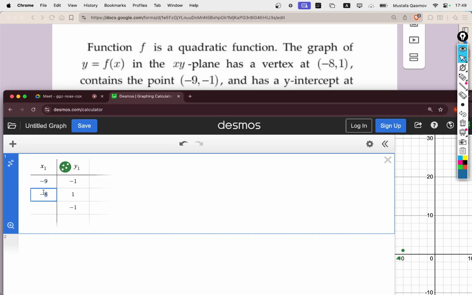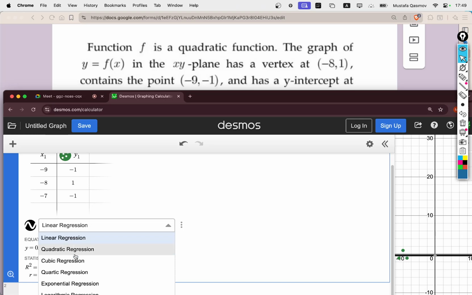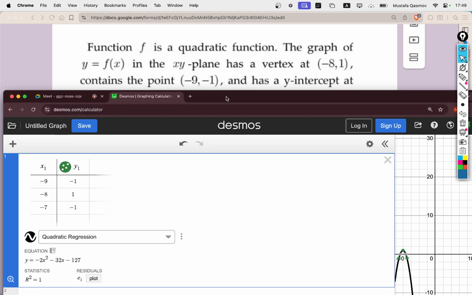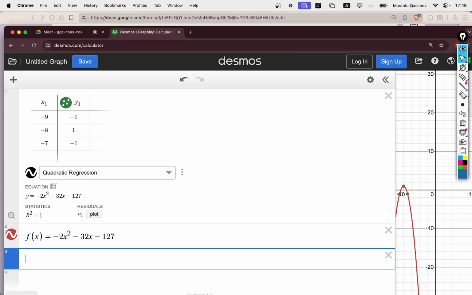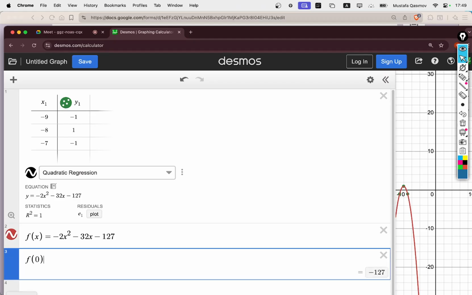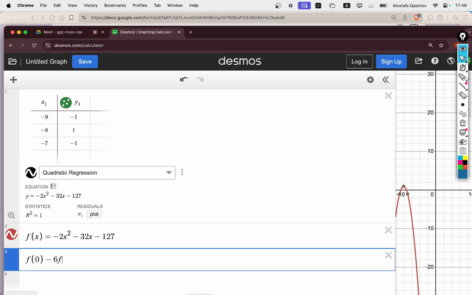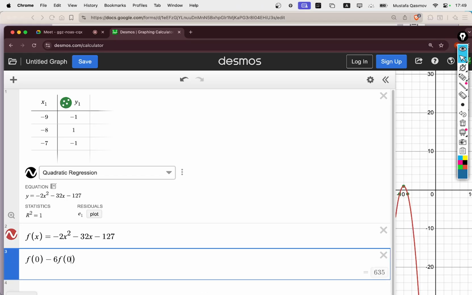Negative 9, negative 8. So there's a 1 unit difference, so it must be also 1 unit. Then press that one and it will be quadratic. Then press that one, it will be f of x. Then it says that you have to multiply it by 6, so it will be f of 0 minus 6 f of 0. So the answer is 635. Any question from here?